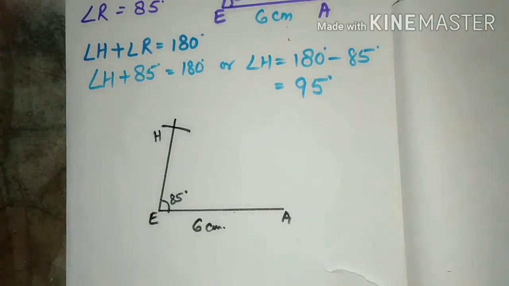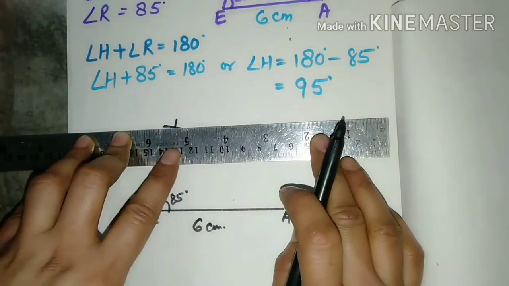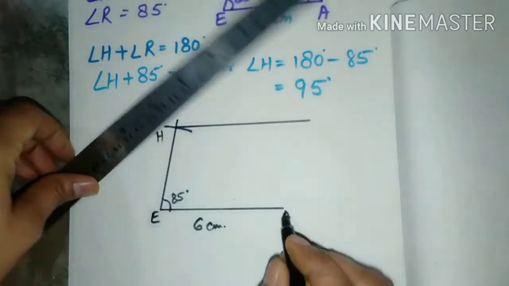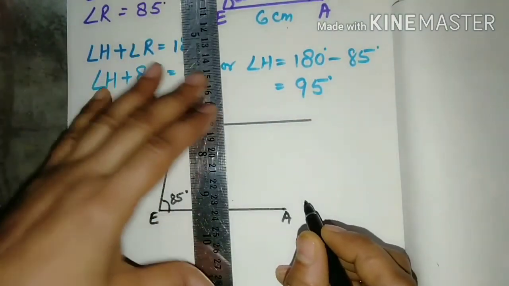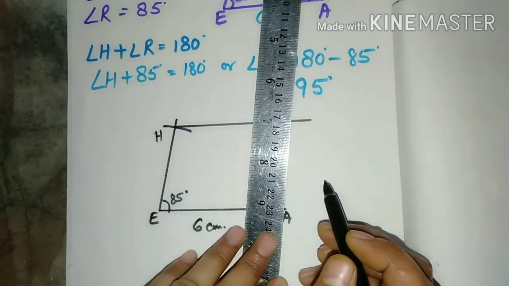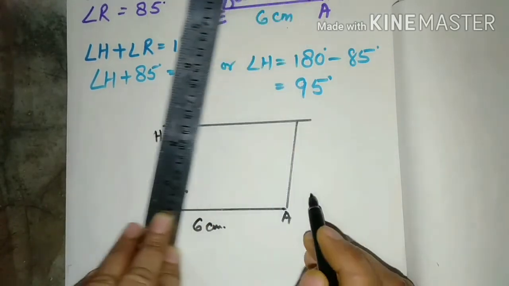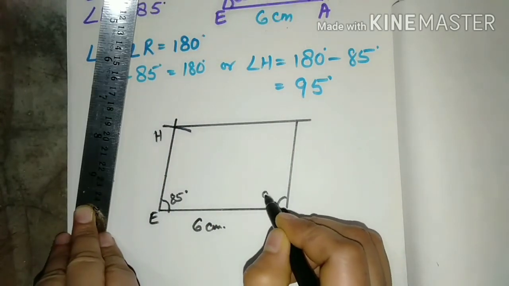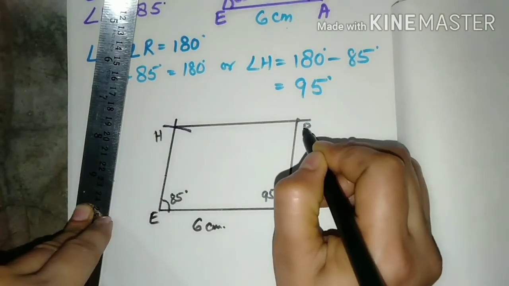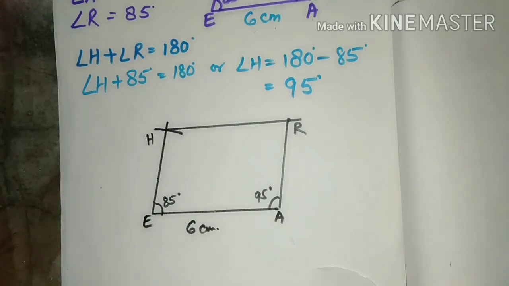So here you can keep your protractor and draw 95 degree and extend it like this. At point A, again you have to use the protractor to draw 95 degree, and this point is point R. It's the easy one. You have to just construct using the protractor.